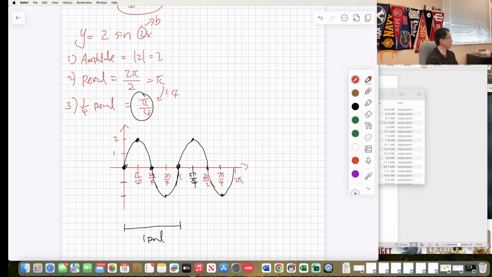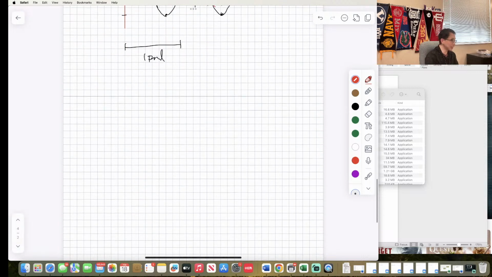Now remember, cosine is going to start at a peak, or negative cosine is going to start at a trough. So today you're going to graph 4 different functions for me. I'm going to start with negative 3 sine of half x. Then 2 cosine of 3x.